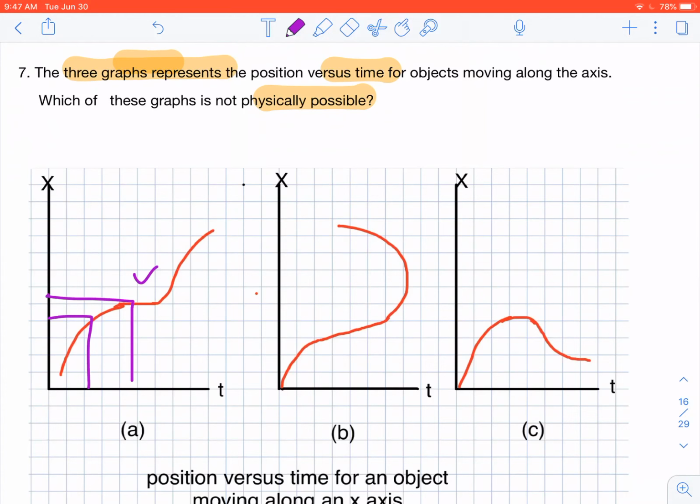Here clearly you can see the position there and the position there. It's like having 2 positions at the same time, and in Newtonian mechanics, or when we deal with classical theory, we can't have the object at 2 places at the same time. So that's not possible, and this here is possible.